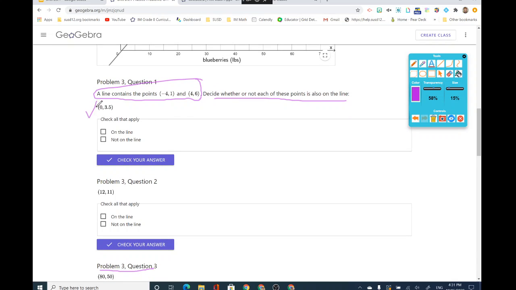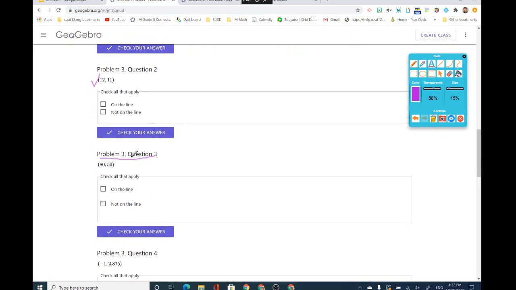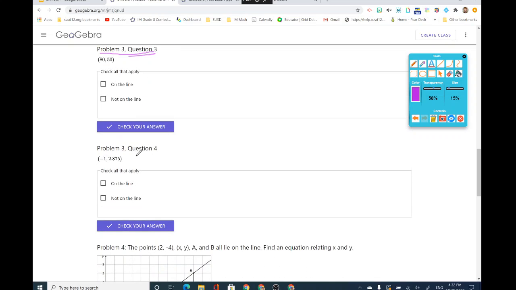Okay, I helped you with question 1 and question 2. Now you do question 3 and question 4, and I'm going to be checking your answers. Do the math. This is easy. Remember, I'll show you one more time. y2 minus y1 divided by x2 minus x1.